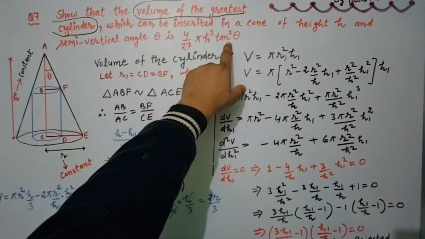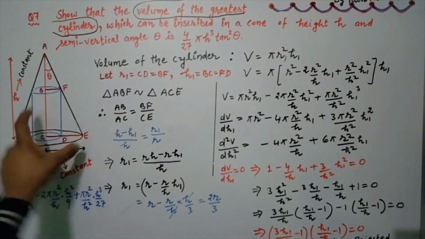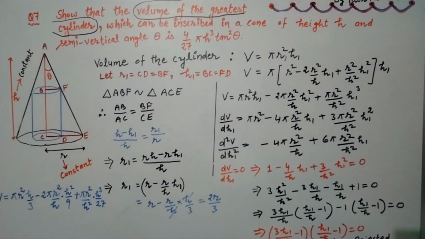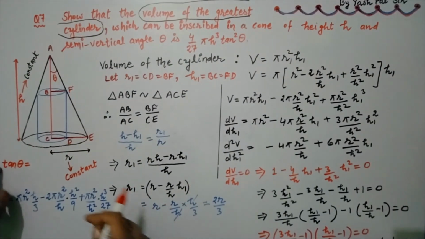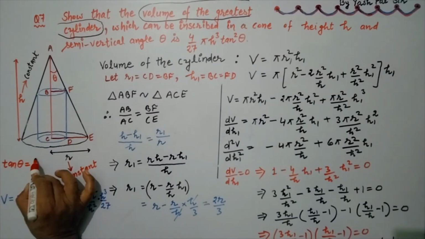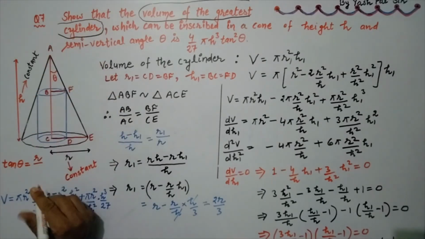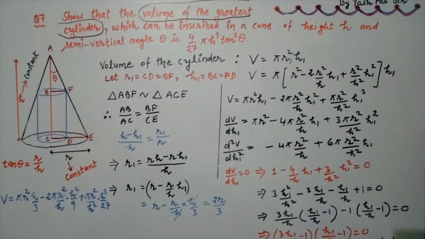But we have to prove that the volume is 4 upon 27 pi H cube tangent square theta. So what is tangent theta here? Perpendicular upon base is tangent theta. So we write tangent theta is equal to R, which is the perpendicular, divided by the base, which is H.